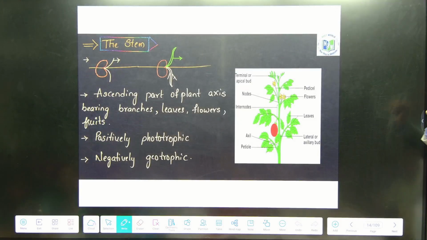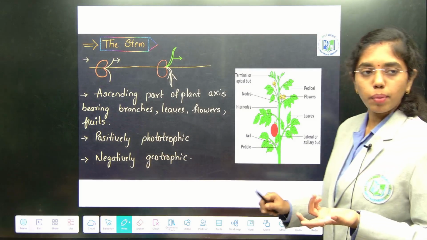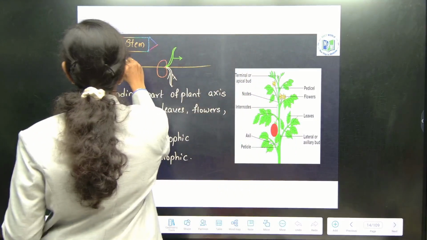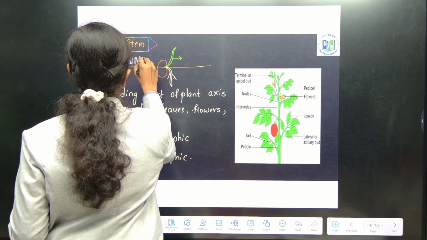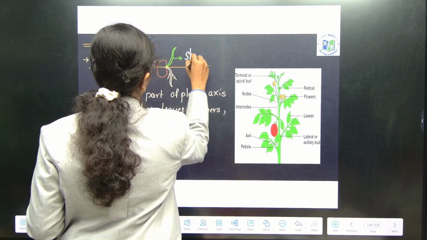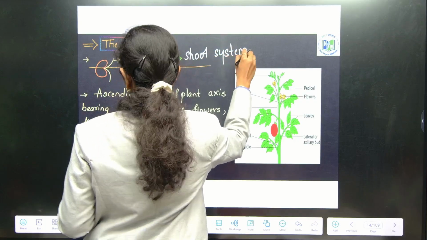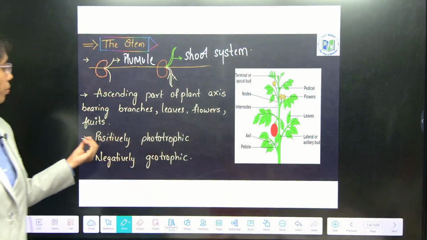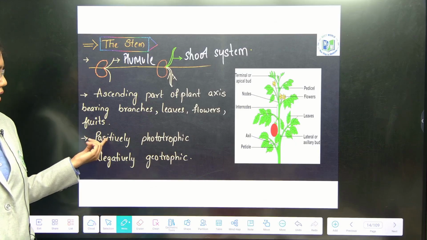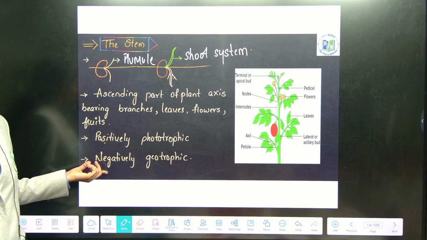How can you describe the stem? It is the ascending part of the plant axis, where the plumule will give rise to the shoot system. Here, the shoot system will be growing positively phototropic and negatively geotropic.